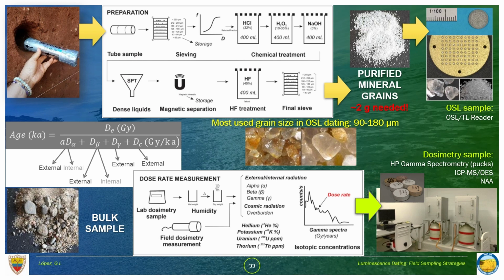Well, because we have around 10 steps to go through during this physical-chemical treatment in order to get purified mineral grains. Remember, 2 grams needed from a little tube or your split open core, and also enough material in order to run dosimetric analysis from the bulk sample that you take for dosimetry.